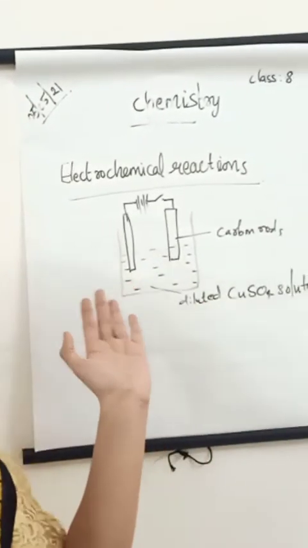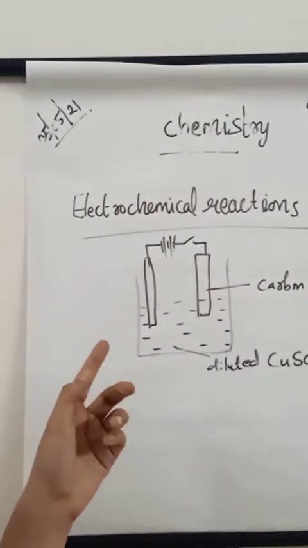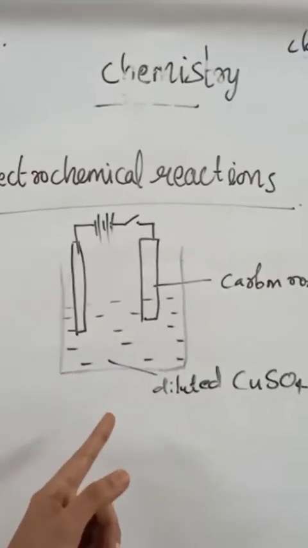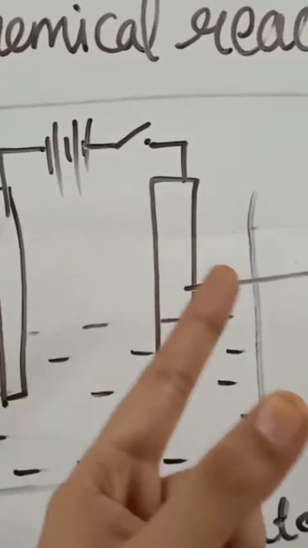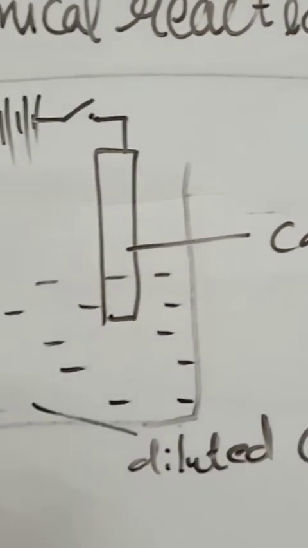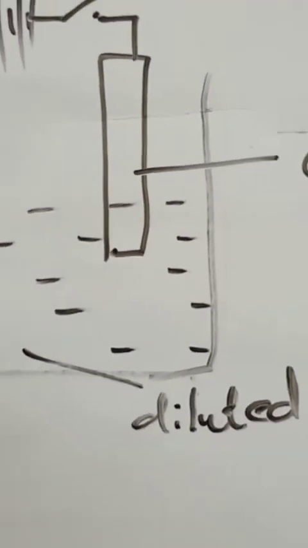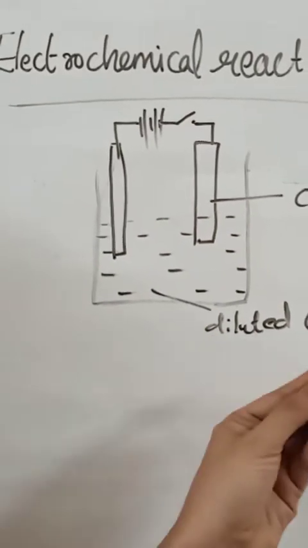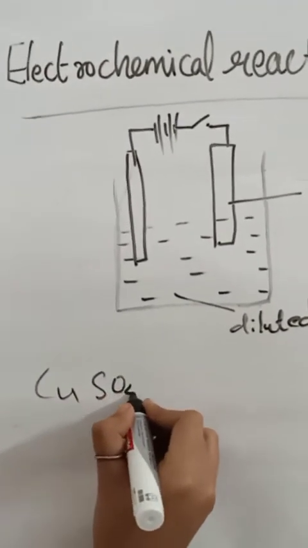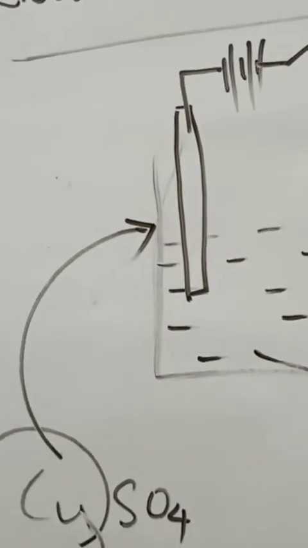When the electricity is passed, or when the switch is on, the copper from the diluted copper sulfate solution is deposited onto one of the carbon rods. We can observe that the color of the copper sulfate solution is reduced and the copper from the copper sulfate solution is deposited onto one of the electrodes.